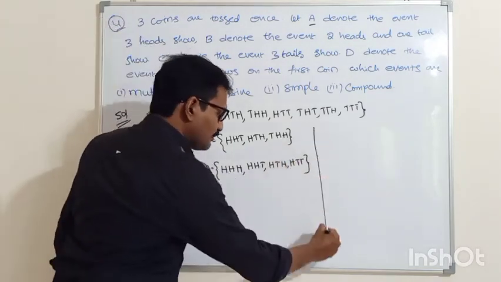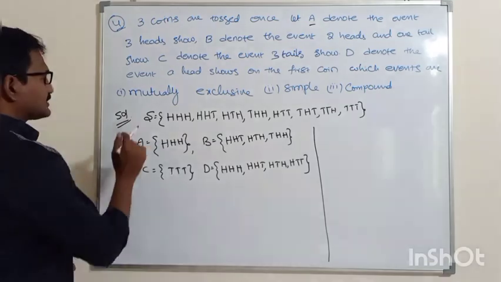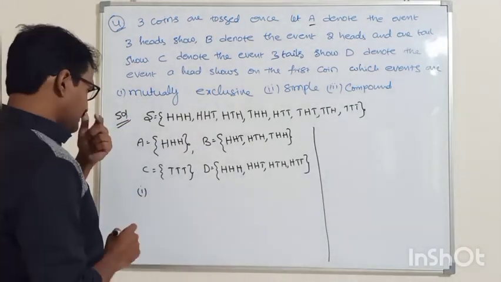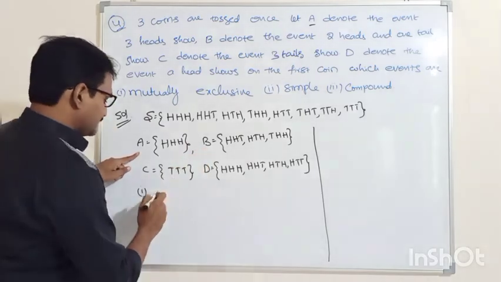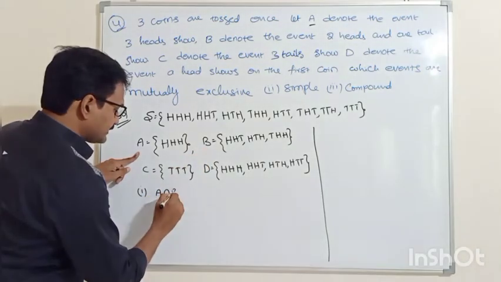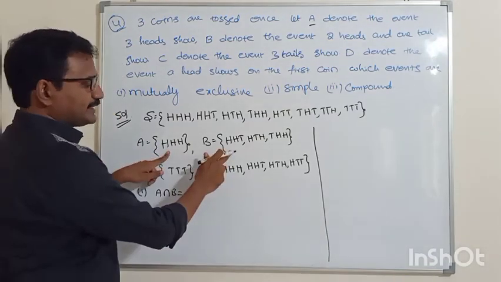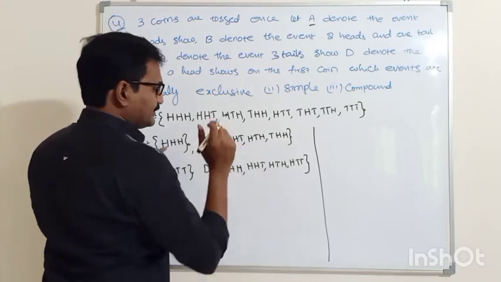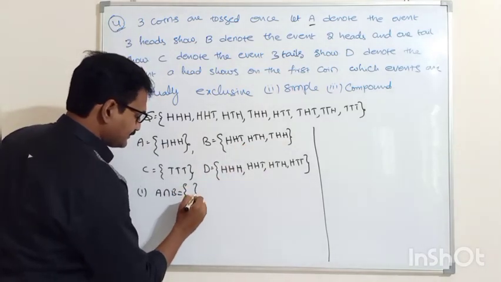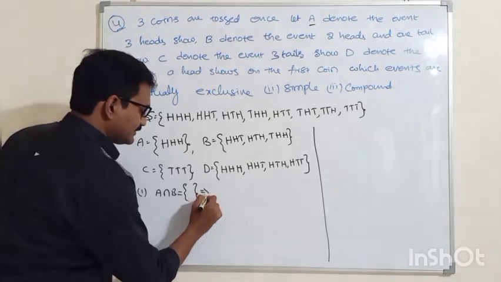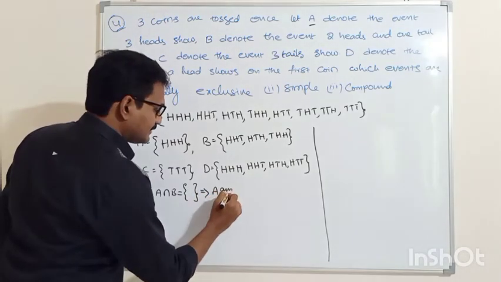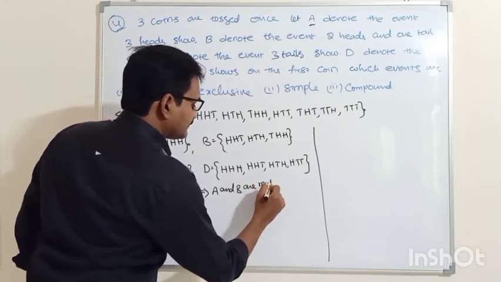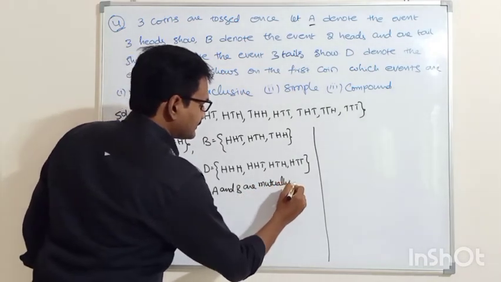Now, what to find? First question: which events are mutually exclusive? If you take A intersection B, is there any common point between A and B? Here triple H is there, here triple H is not there. So this is a null set. If this is a null set, then A and B are mutually exclusive events.